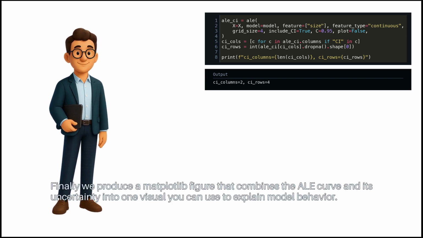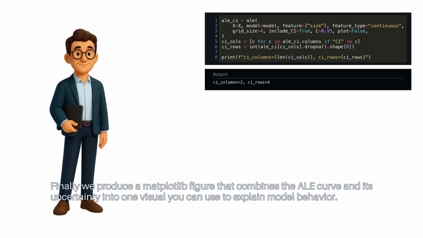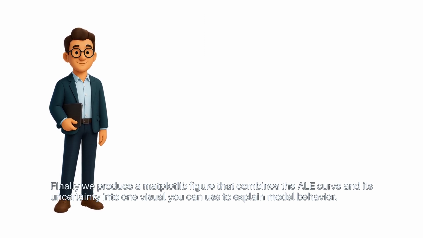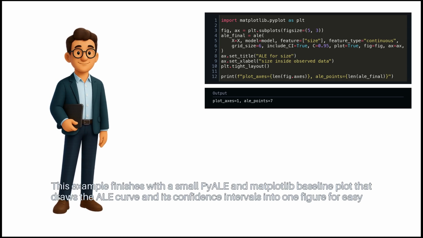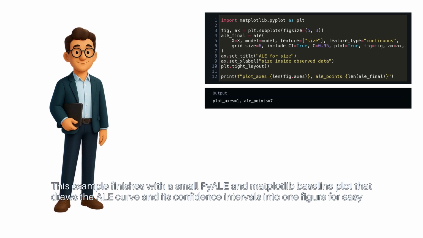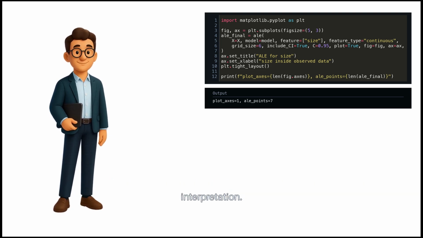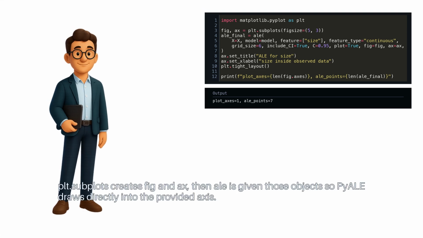Finally, we produce a matplotlib figure that combines the ALE curve and its uncertainty into one visual you can use to explain model behavior. This example finishes with a small PyALE and matplotlib baseline plot that draws the ALE curve and its confidence intervals into one figure for easy interpretation. plt.subplots creates fig and ax.